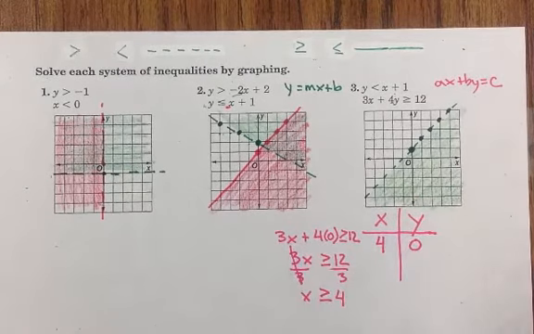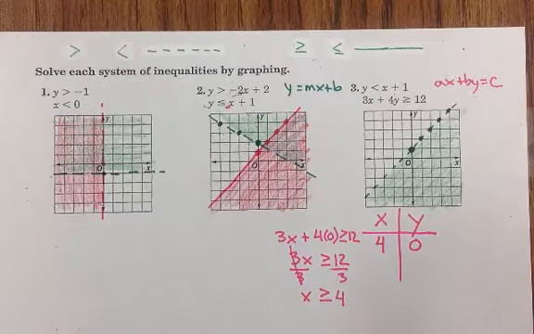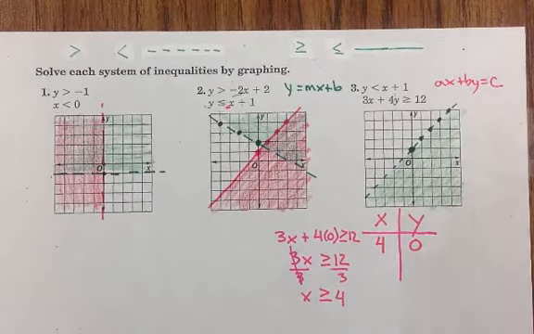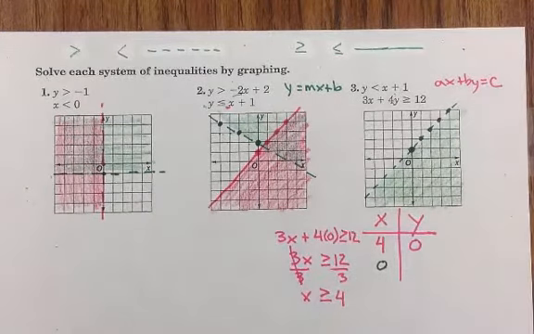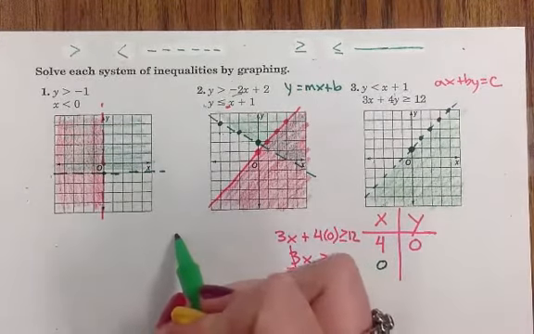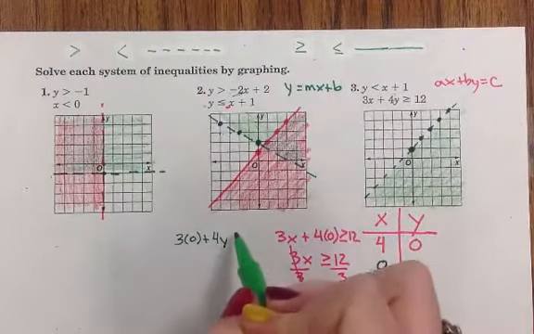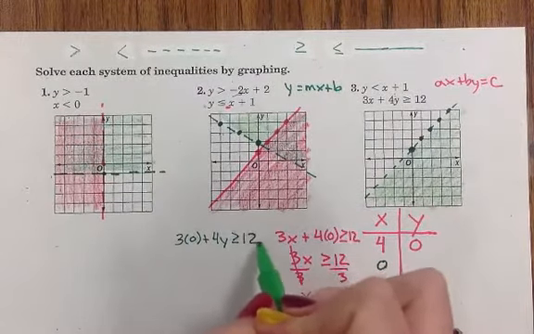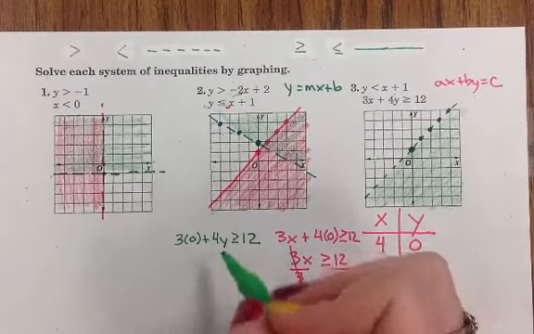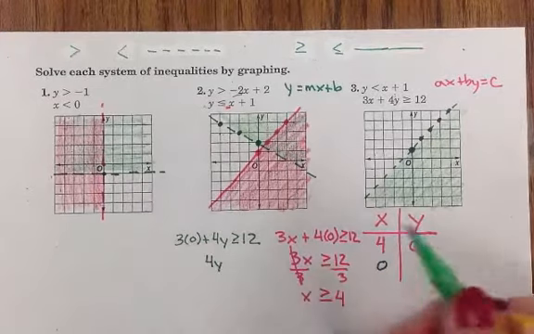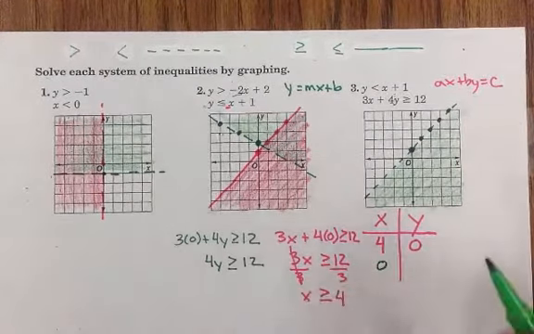and then we want to find our y-intercept, and our y-intercept is going to be when x equals 0. So now we need to plug 0 in for x. So 3 times 0 plus 4y is going to be greater than or equal to 12. 3 times 0 is 0, so we're left with 4y on the left side is greater than or equal to 12.